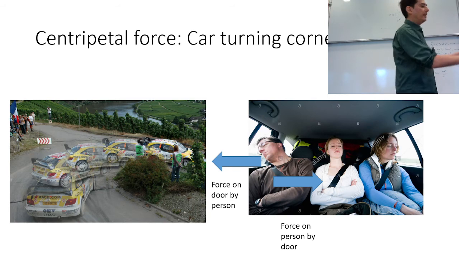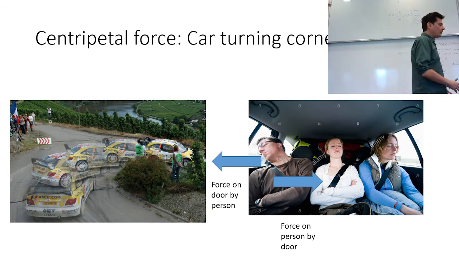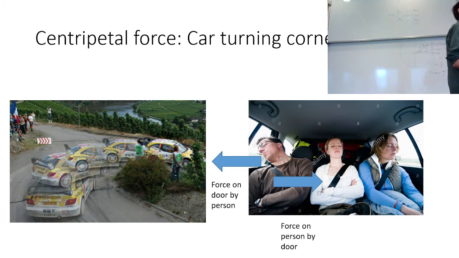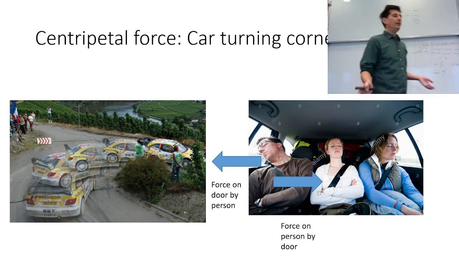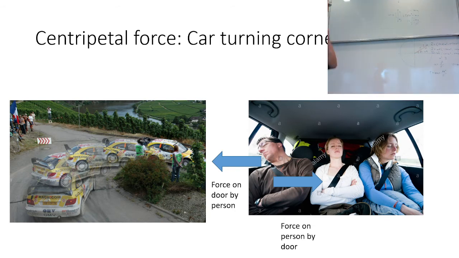So if the car is turning to the right, you as a body inside the car naturally want to keep on going forward, and so relative to the car, of course, you end up going left, right?